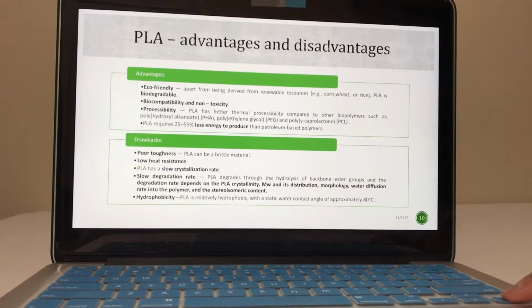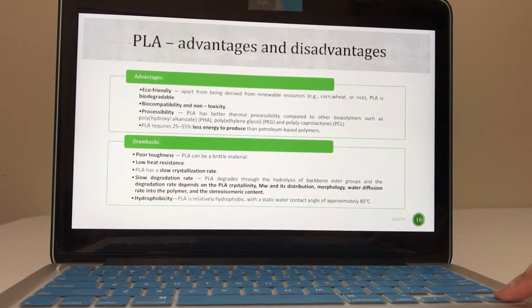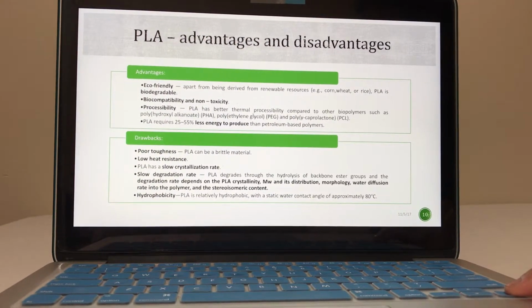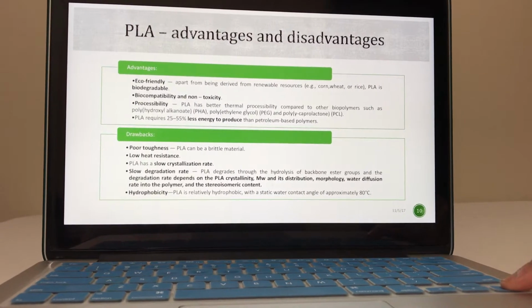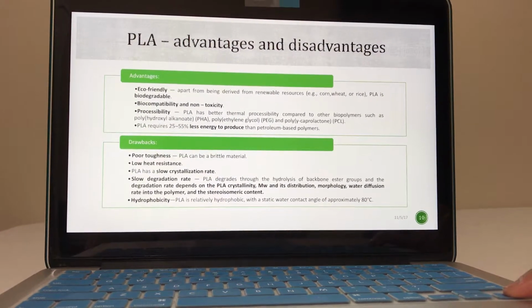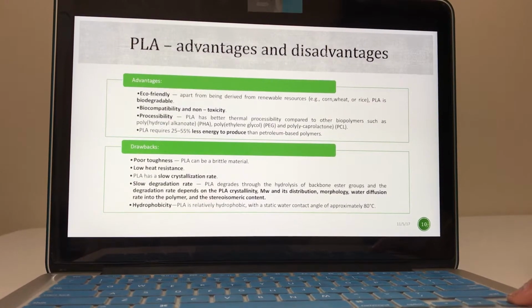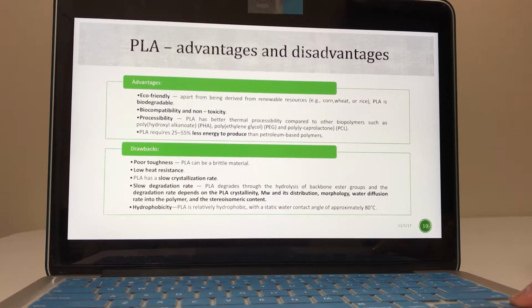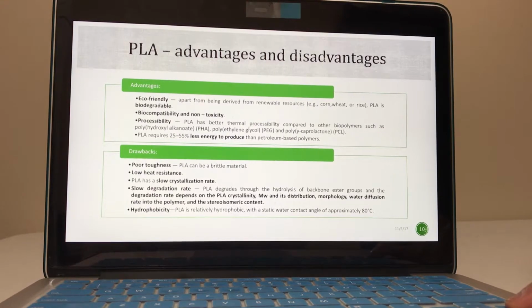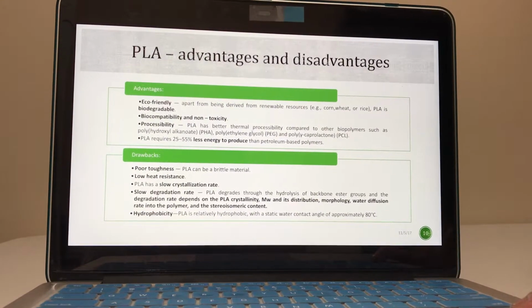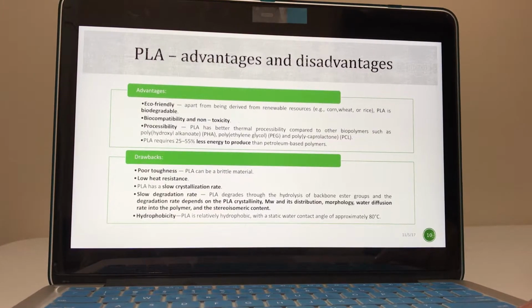PLA's advantages and disadvantages. Eco-friendliness, biodegradability, biocompatibility, and non-toxicity promotes its usage in the packaging and biomedical applications. Better thermal processability compared to other biodegradable polymers like PHA, PEG, and PCL is another advantage.